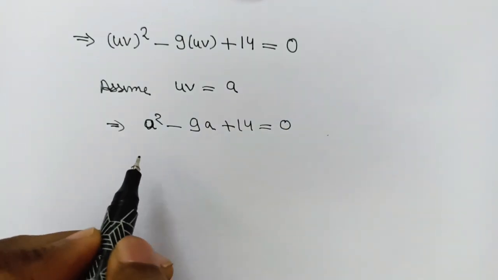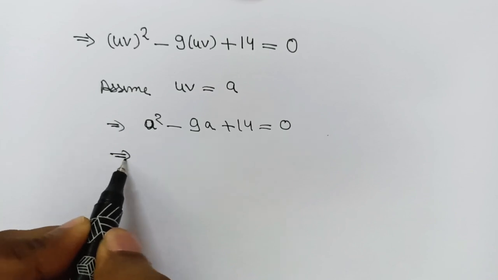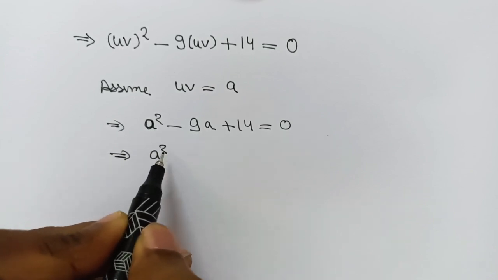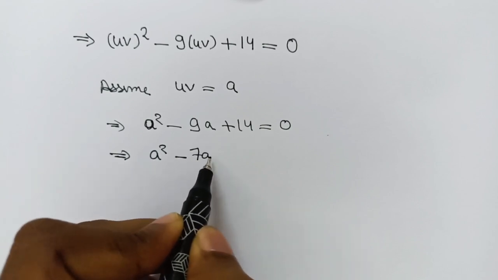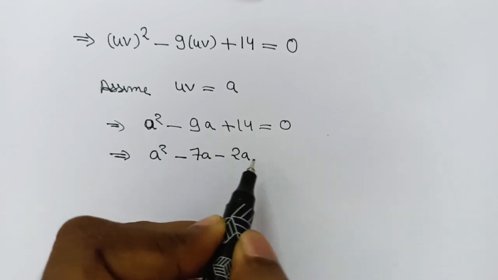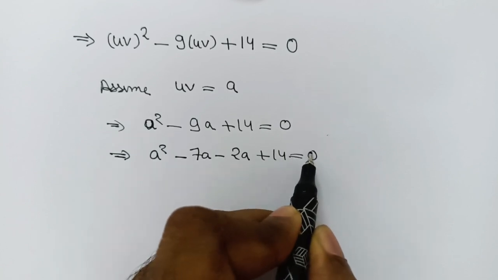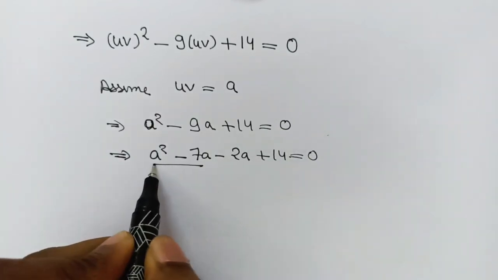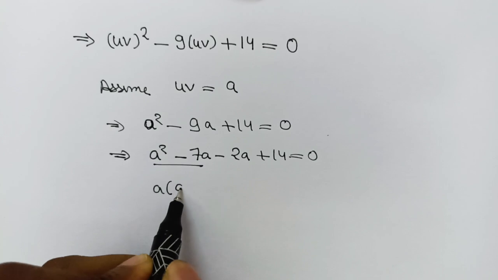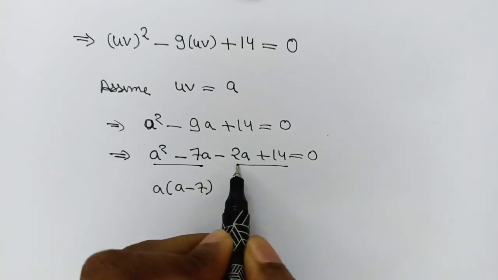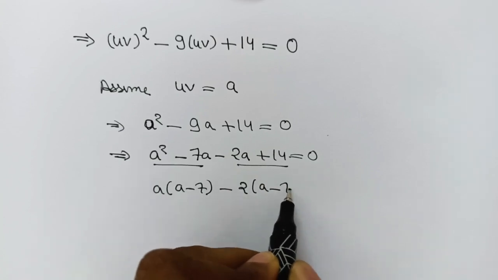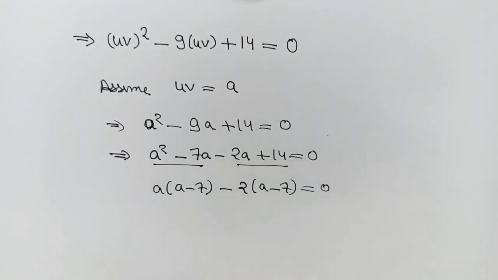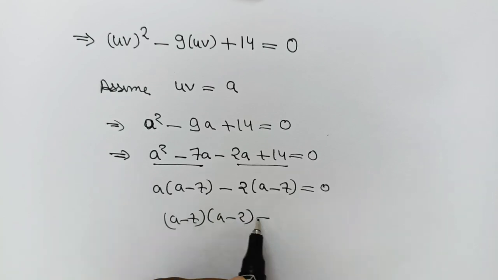That means we can solve this by factoring. Here we can replace this value by minus 7a minus 2a plus 14 is equal to 0. So by taking a common we have a minus 7, and then here by taking minus 2 common, we have a minus 7. We have (a minus 7) and (a minus 2) is equal to 0.